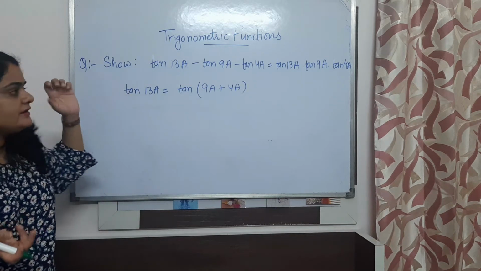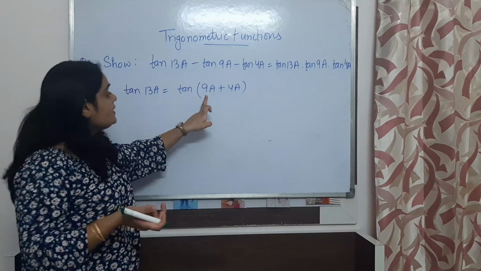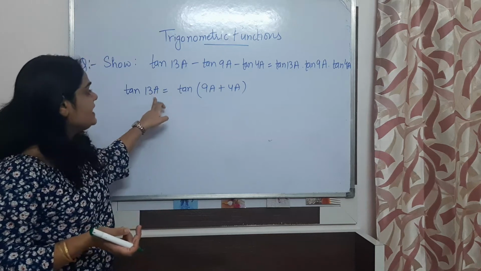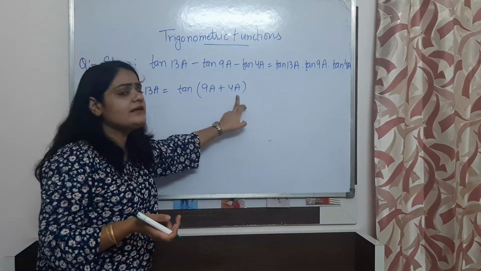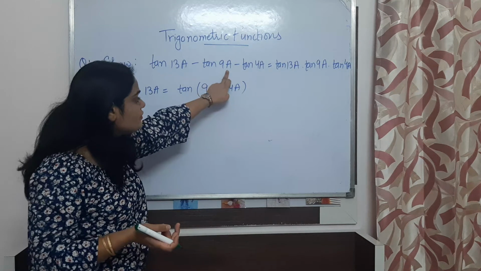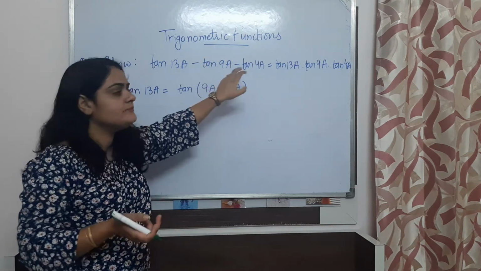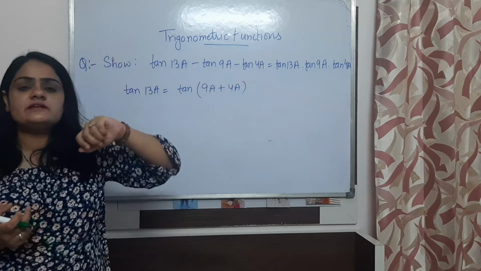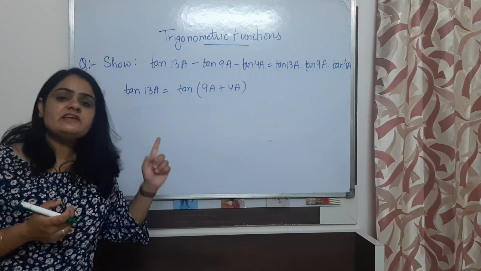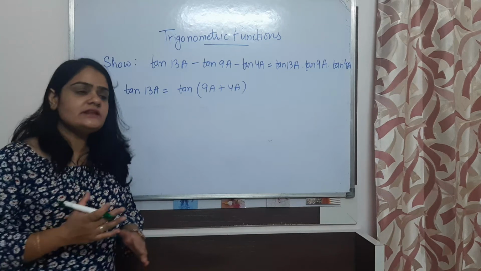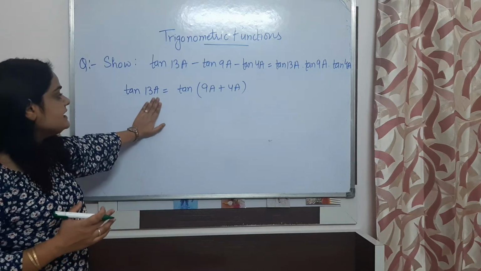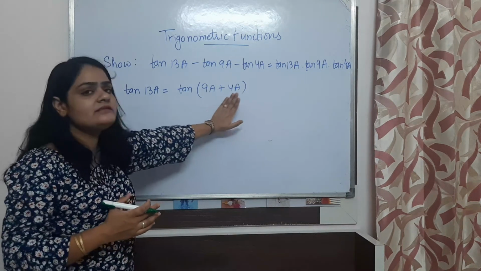But I cannot write it here, because if I segregate 13a as tan of 9a plus 4a, 9a is also in the statement, and 4a is also in the statement. These angles are already present in the statement.